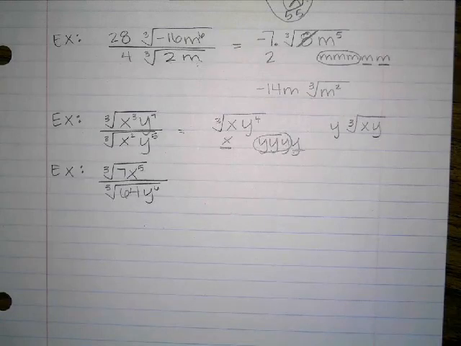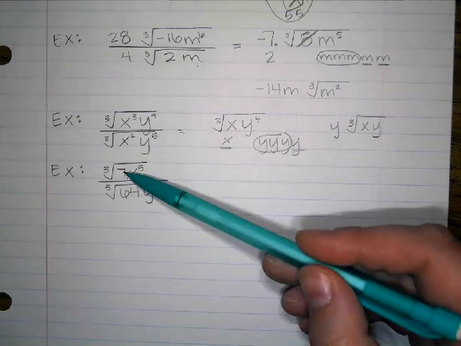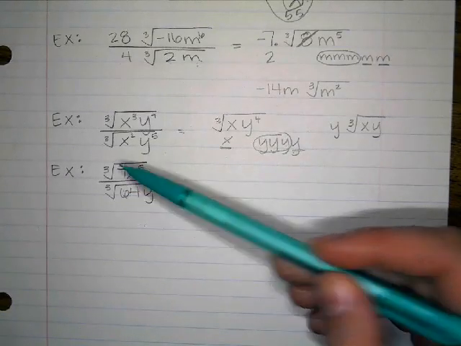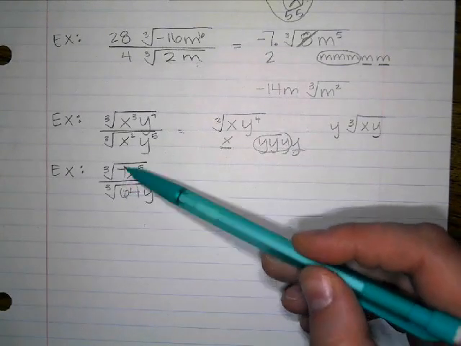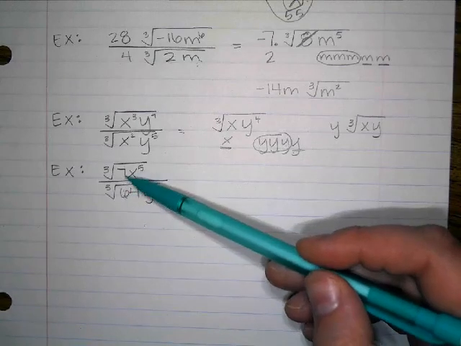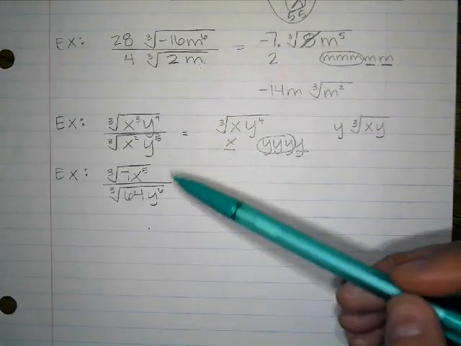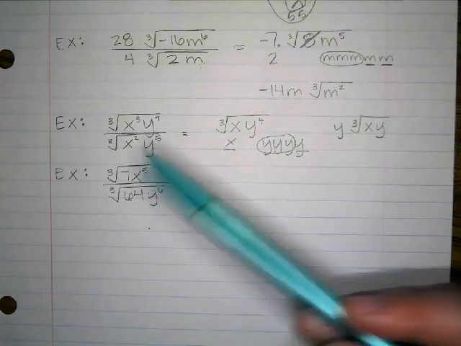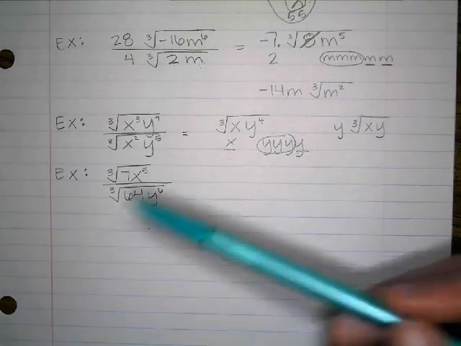So if we look at this one, can we divide the numbers? If we can't actually divide them, then what we should do is just try to simplify them separately. That's what we're going to try to do.